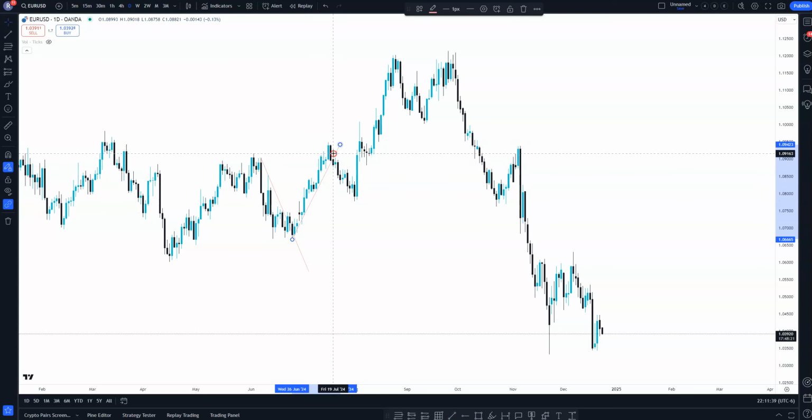Right, so price moves higher, and we see we broke, I'll use this. We broke this level here, and when we broke this level, we created a higher high.